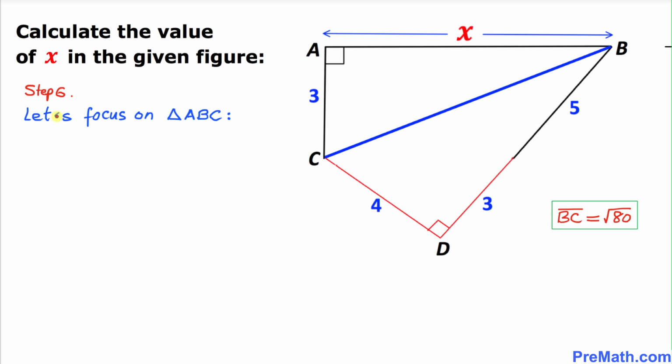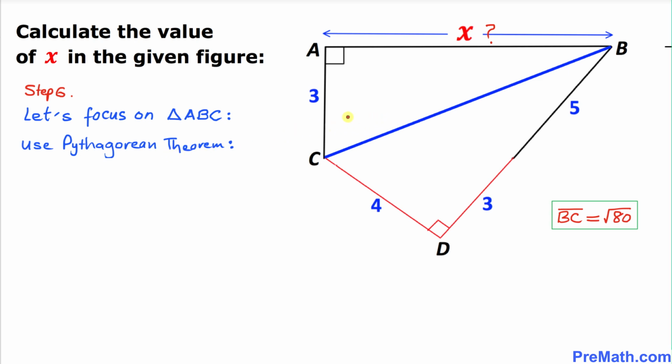And here is our final step. Let's focus on this upper right triangle ABC, and we want to calculate the value of x, the length of this side AB. Since this triangle is a right triangle, we are going to use the Pythagorean theorem once again.